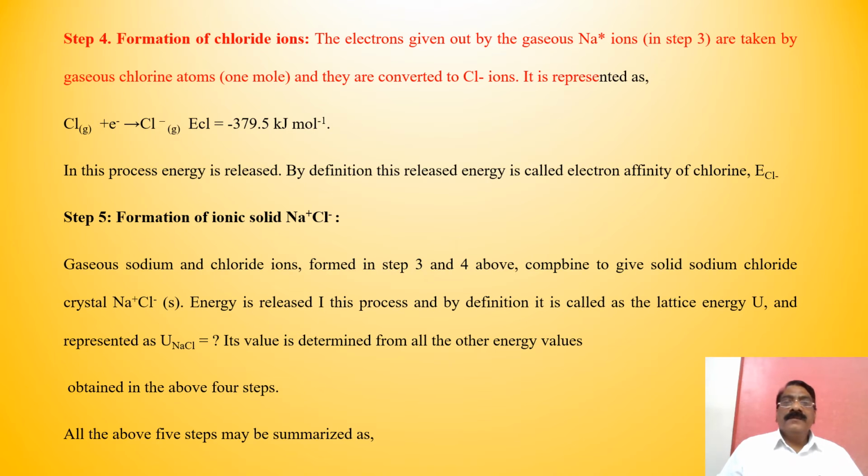It is represented as Cl gas plus 1 electron gives Cl minus gaseous, and here ECl is equal to minus 378.5 kilojoule per mole. In this process, energy is released. By definition, this released energy is called the electron affinity energy of chlorine, ECl.